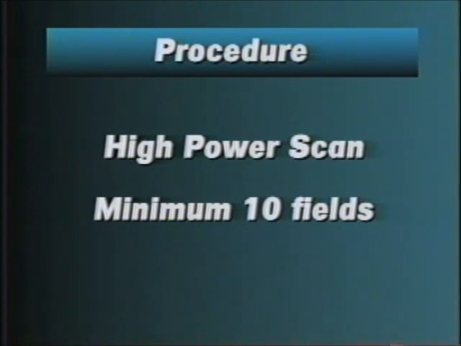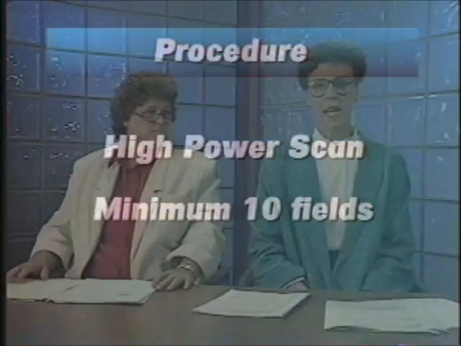If you have a 50x oil immersion, that would be your next choice. I realize that not every institution has a 50x oil, and if you don't, then you would start out with your 100X oil. If you have a 50X oil, though, you would want to look under at least 10 fields to just see what there is.